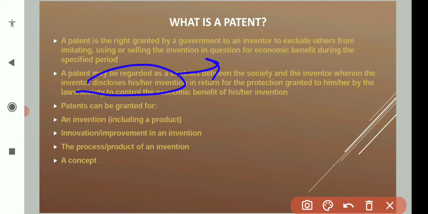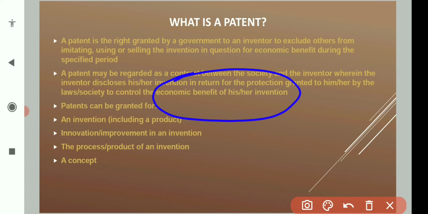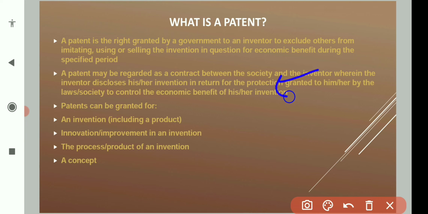In return, the patent authority will grant you a patent, meaning they will grant you the protection for 15 to 20 years, so that you can take economic benefit from your invention, and all other members of the society will be excluded. They cannot take benefit from your invention.